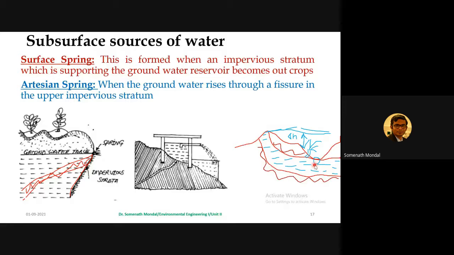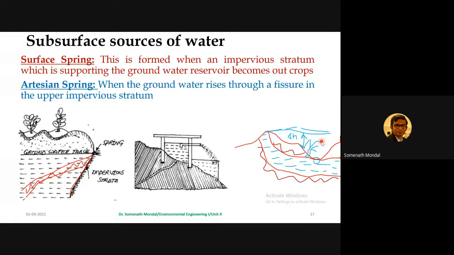Now, when the water-bearing stratum has a very high hydraulic gradient and is enclosed between two impervious strata, artesian springs from deep-seated sources also form. The head would be here, and the hydraulic gradient would be very high. As soon as water comes through this, to maintain the same height, water will start sprinkling out.